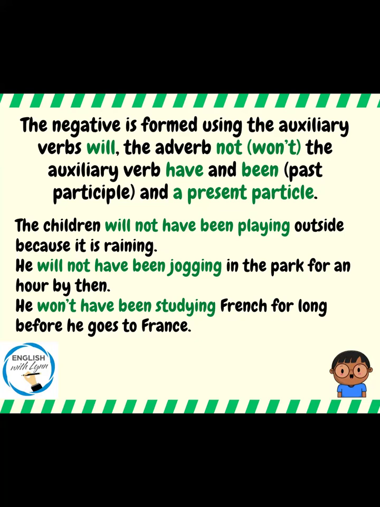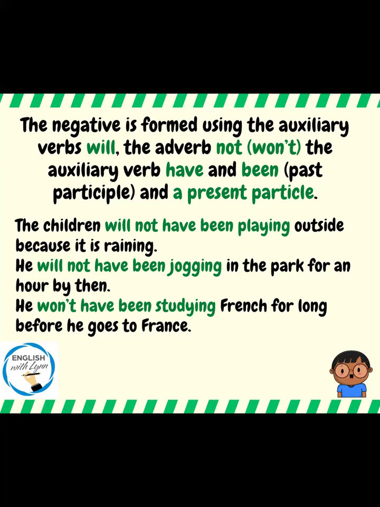Okay, so you will have either will not have been and then an ing word. So the will not have been is part of the perfect tense, and the present participle is the ing word from the progressive tense. Okay, so the children will not have been playing outside because it is raining.